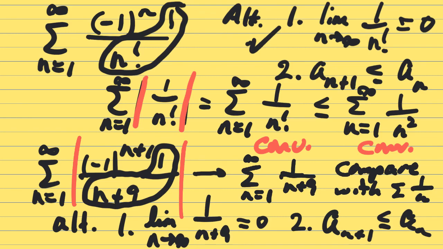So that's a case of the original series converged by alternating series, but when you absolute value it, it diverges. And so this one is conditionally convergent, where the top one is absolutely convergent.